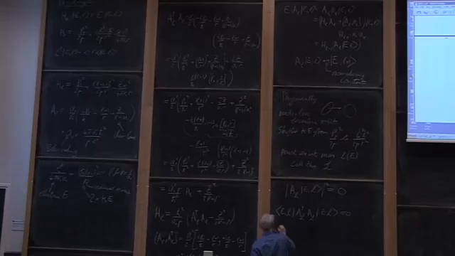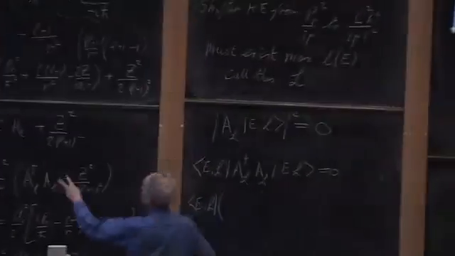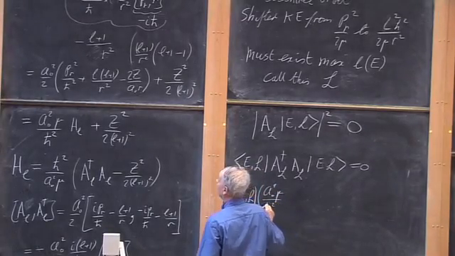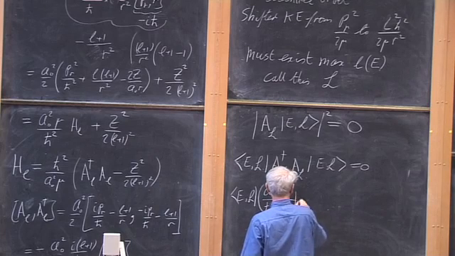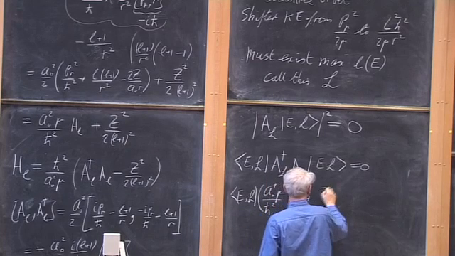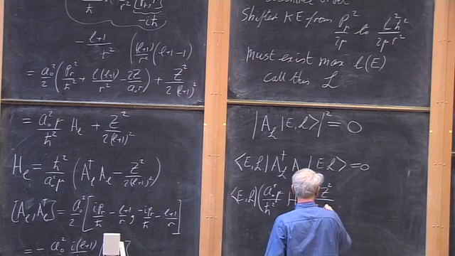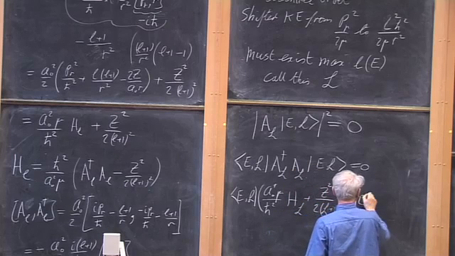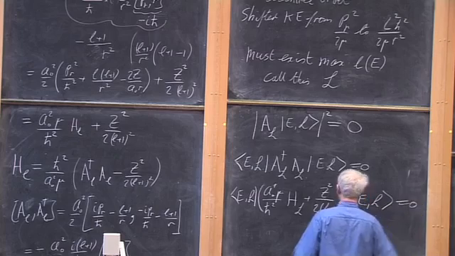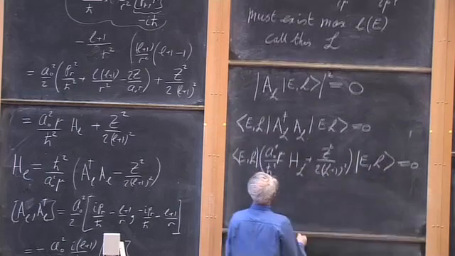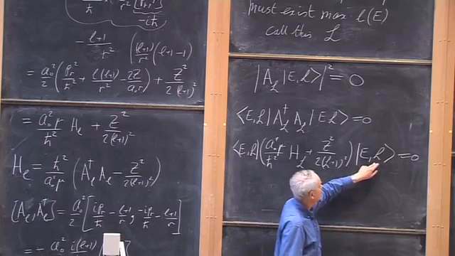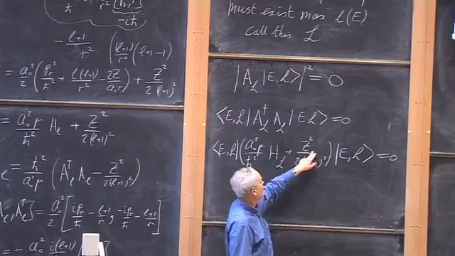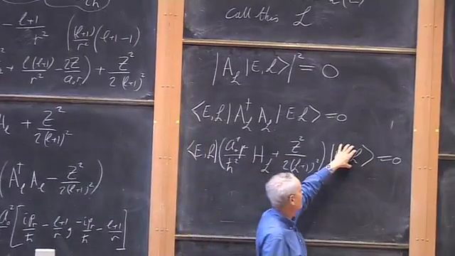So we get E, curly L, onto a naught squared mu over h bar squared, H_curly L plus Z squared over 2 curly L plus 1 squared, close the bracket, E, curly L. But this is an eigenfunction of this operator with eigenvalue E. This is a boring number, so it stands by whilst this bangs into that and makes a 1.